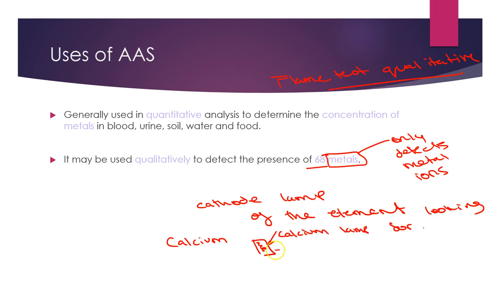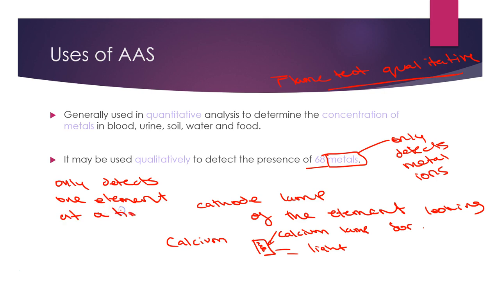That calcium lamp produces light that is made up of the specific wavelength required to excite calcium atoms and only calcium atoms. So if we want to find sodium, we'll use a sodium lamp. If we want to find magnesium, we'll use a magnesium lamp. So it only detects one element at a time. They're all metals, and we have to have the specific lamp to do the detection.